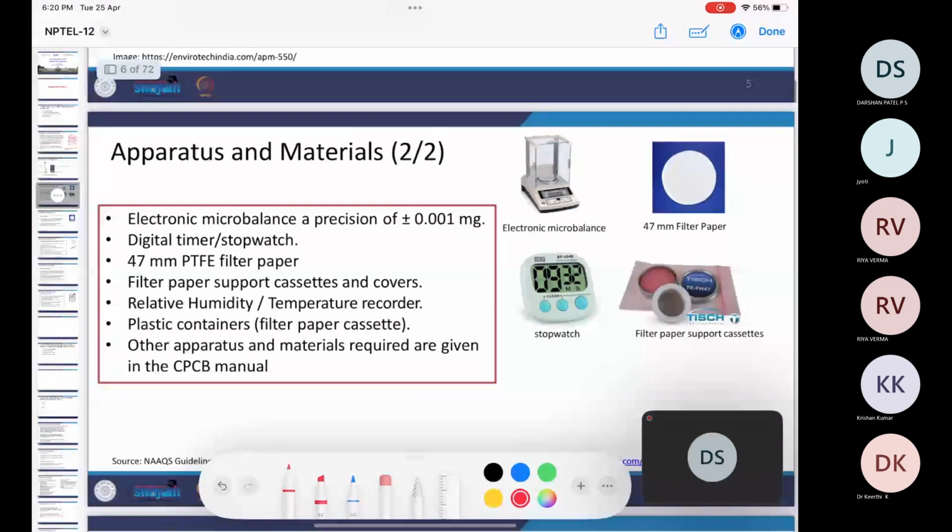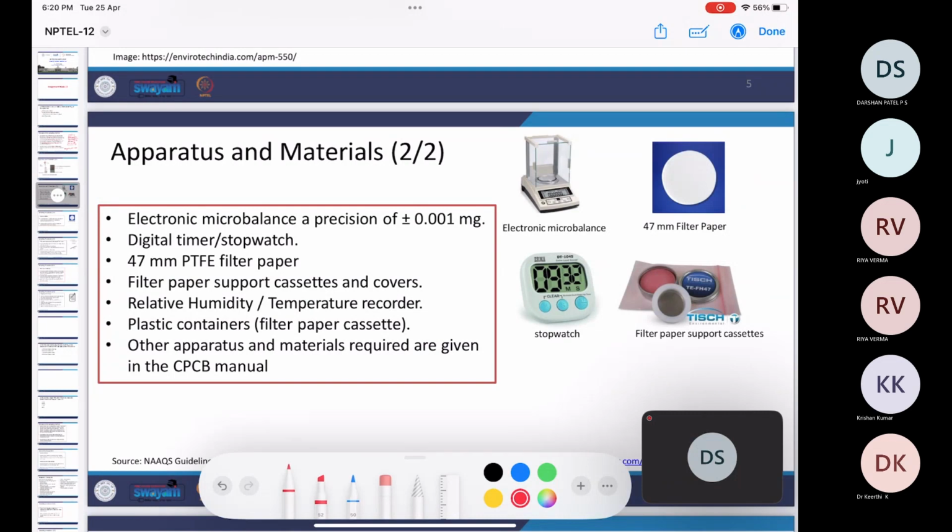Now, what are the apparatus that are needed for this experiment? We have an electronic microbalance to measure this filter paper. Then we have a digital timer or stopwatch for monitoring the sampling period, to find out the duration of sampling.